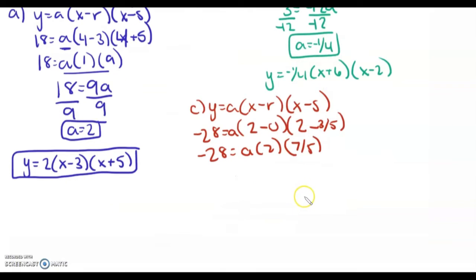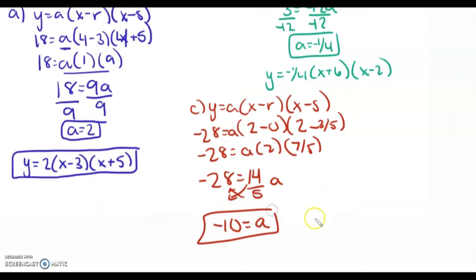Which is 14/5. Okay, cross multiply. 28 times 5 divided by 14, I get 10. So -10, a equals -10. So this equation is y equals -10, x minus 0 and then x minus 3/5.